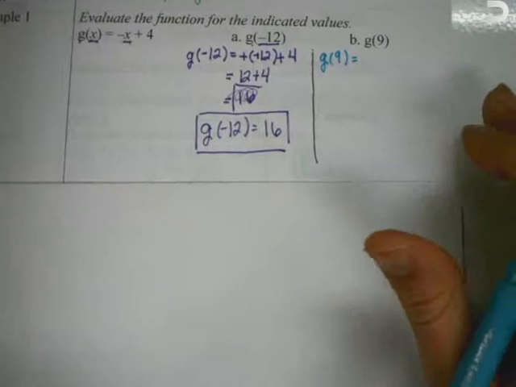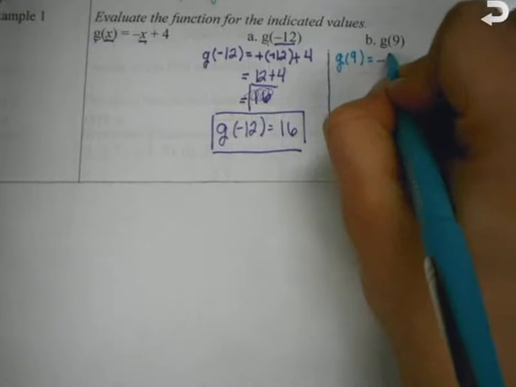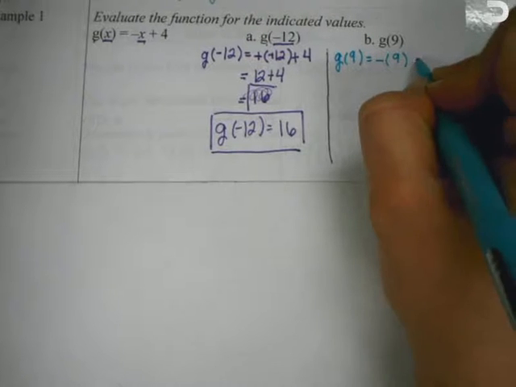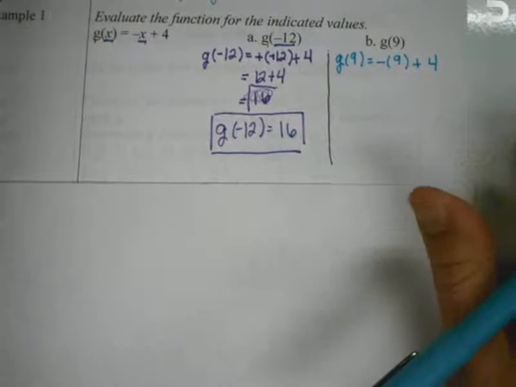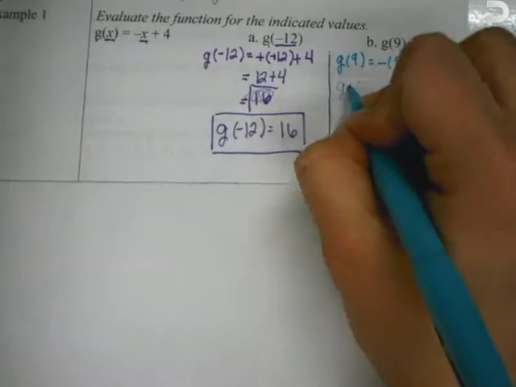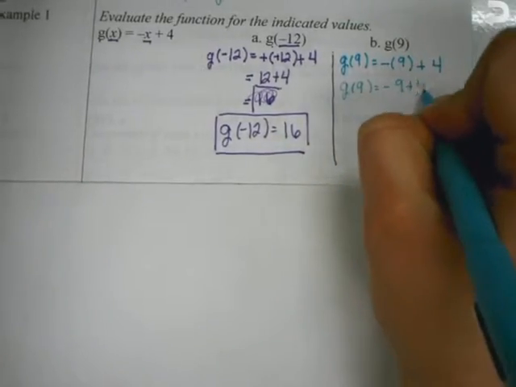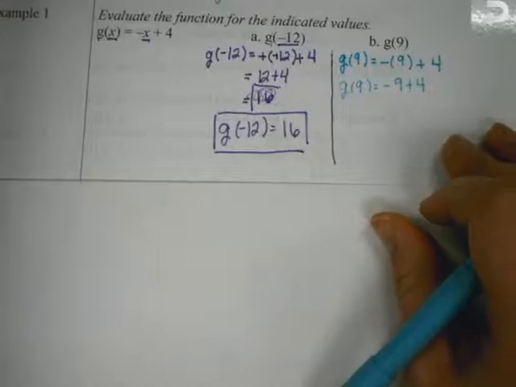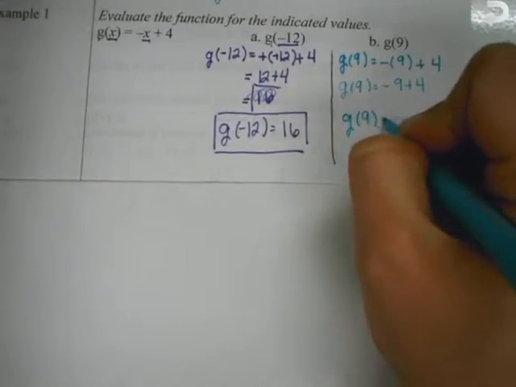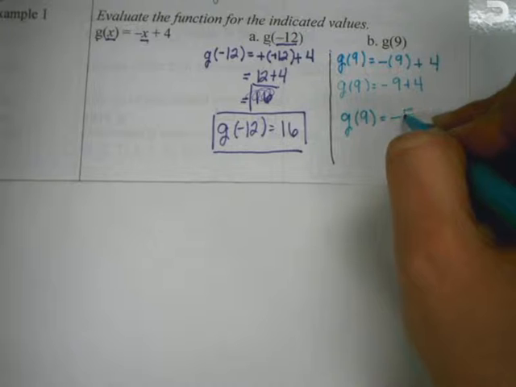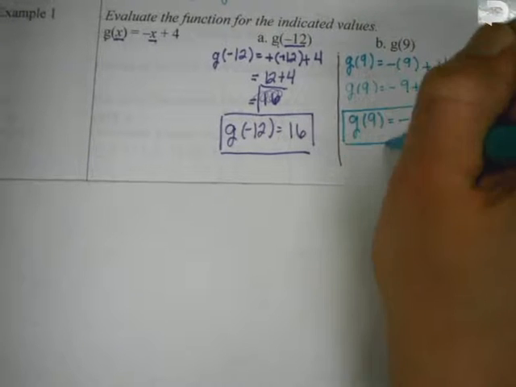So it's going to be negative 9 plus 4. So g of 9 is equal to negative 9 plus 4. So what does g of 9 equal? G of 9 is equal to negative 5. That's all we're doing. It's just a different notation now. But we've been doing this before, right?